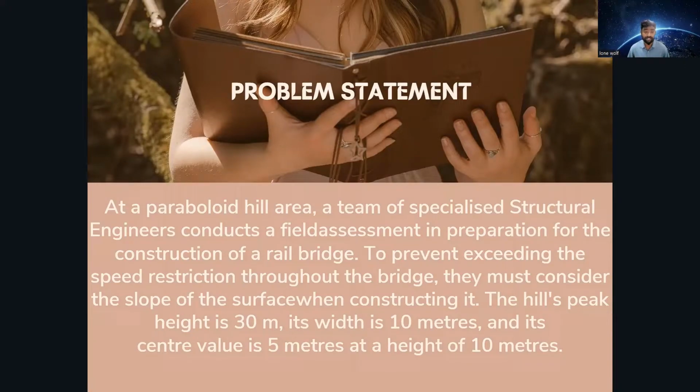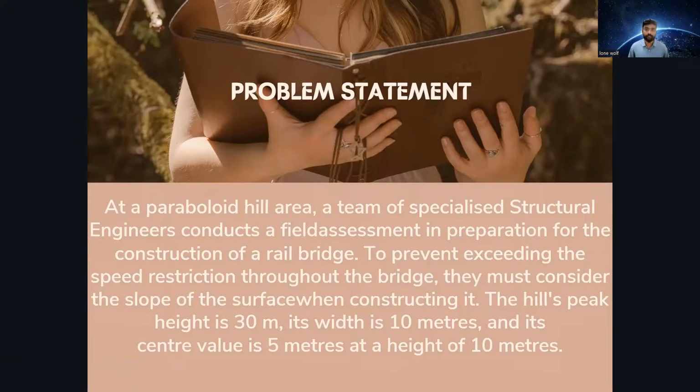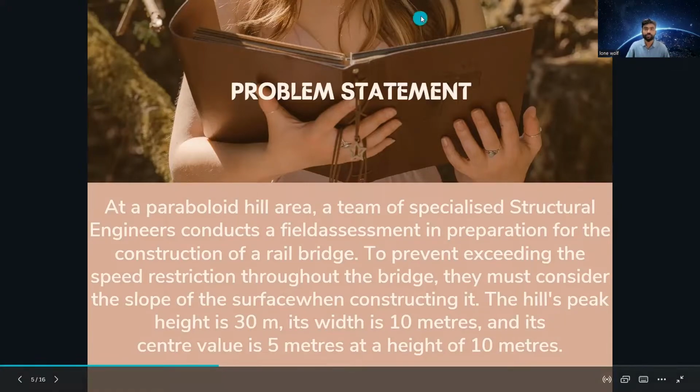The hill's peak height is 30 meters, its width is 10 meters, and its center value is 5 meters at a height of 10 meters. So this is basically the problem we are going to overcome. This is our main backbone and structure of our project. Thank you.